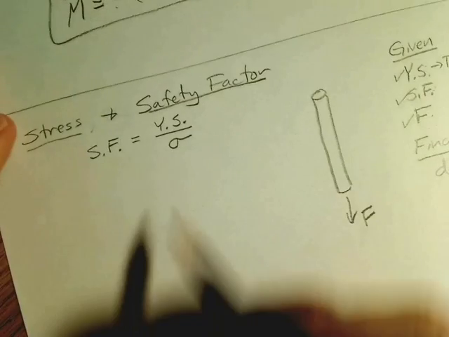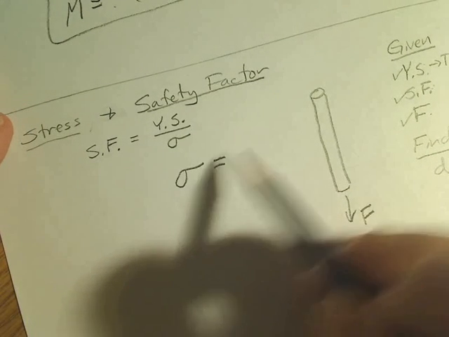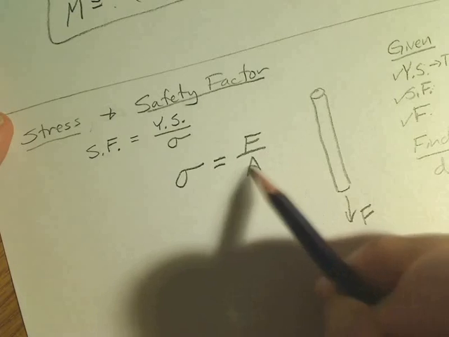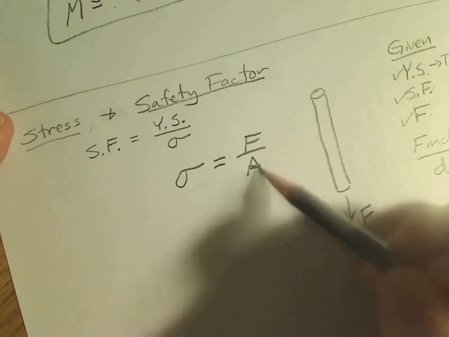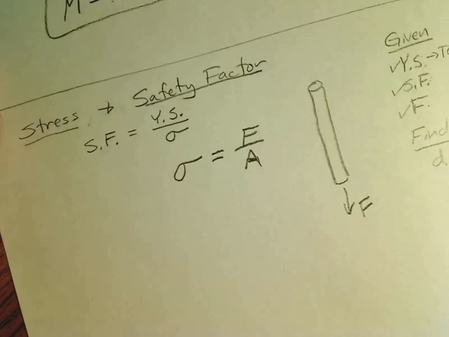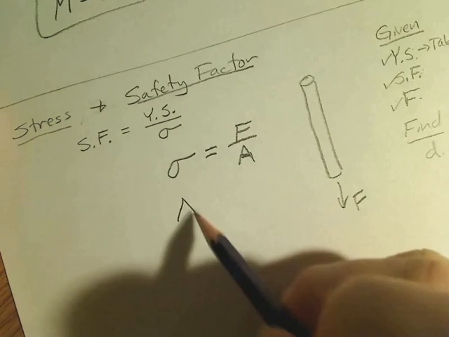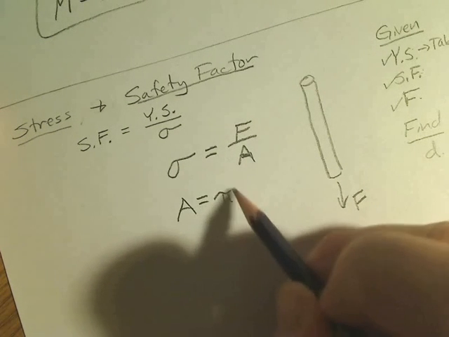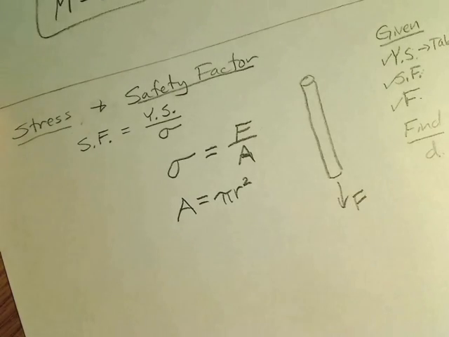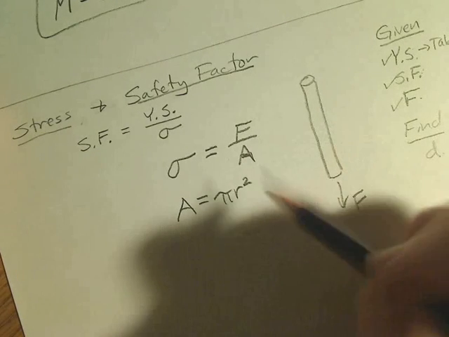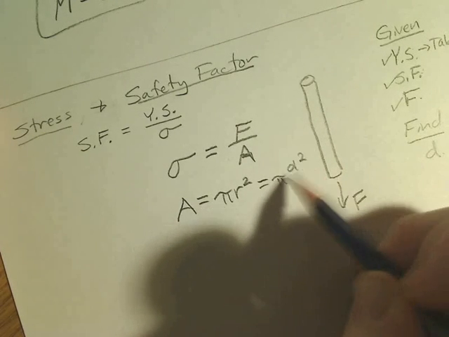So another equation that will be on the board is that the definition of stress is equal to force over area. So it has the same units as pressure, force per unit area. And then another equation that we'll have is pi r squared, realizing that A is the cross-sectional area of our rod, and that's equal to pi d squared over 4.